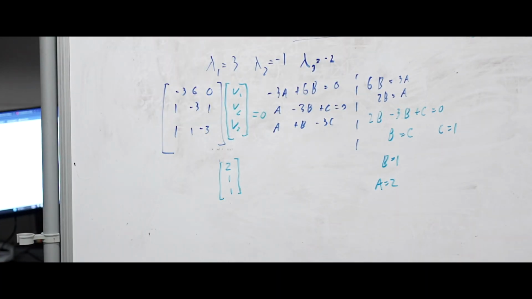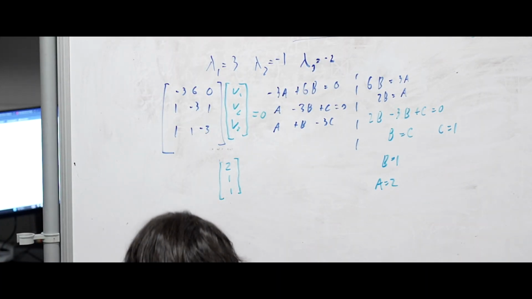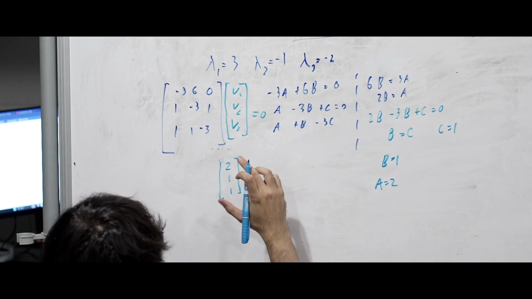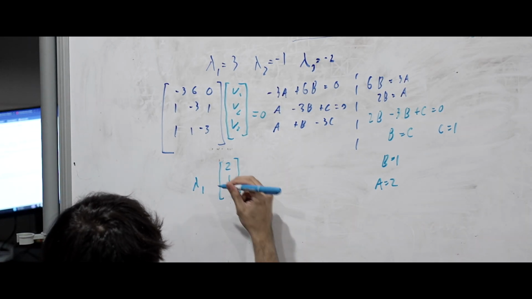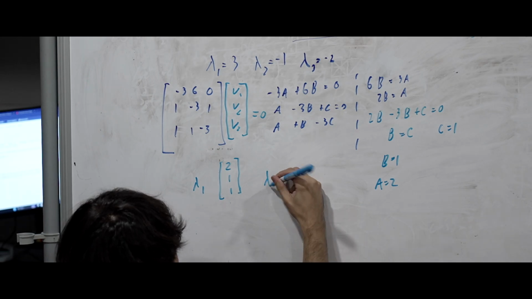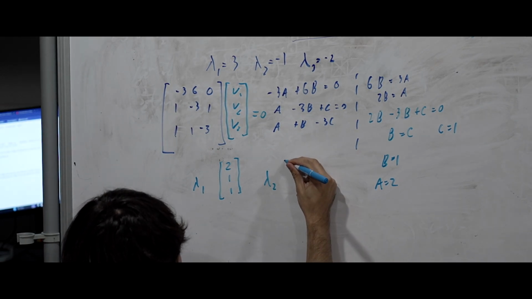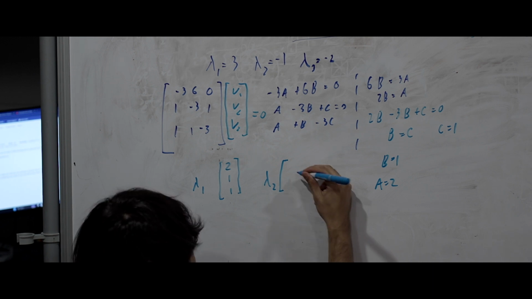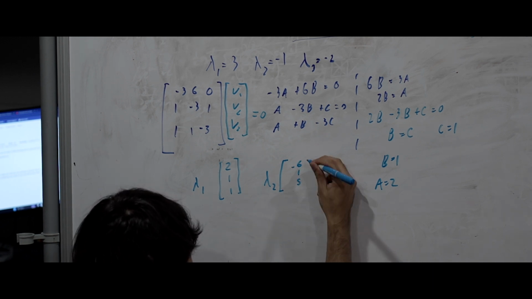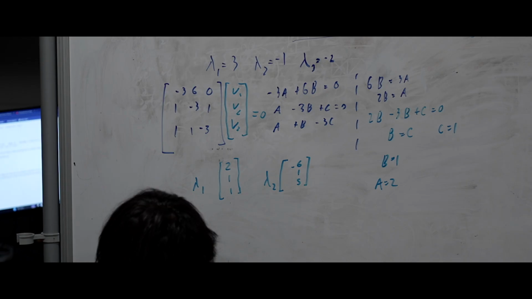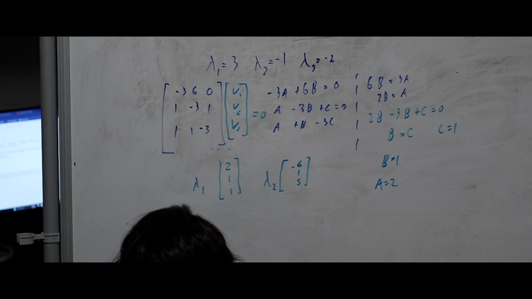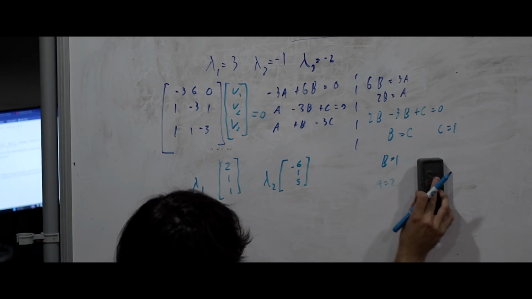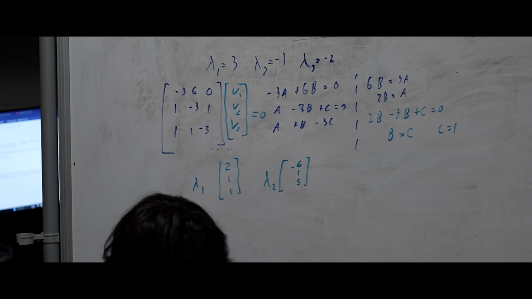Waiting for the answers. Okay, so the lambda 2 vector is going to be, let's see, negative 6, 1, and 5. Now, I'm hoping I did this right. If I'm wrong, please correct me. I'm pretty sure I got this final answer right, but we'll see.